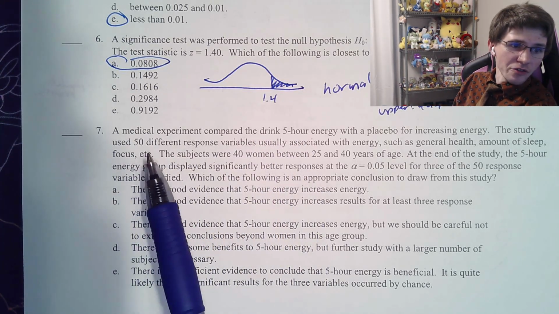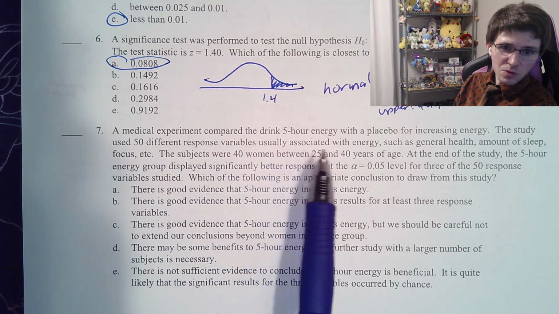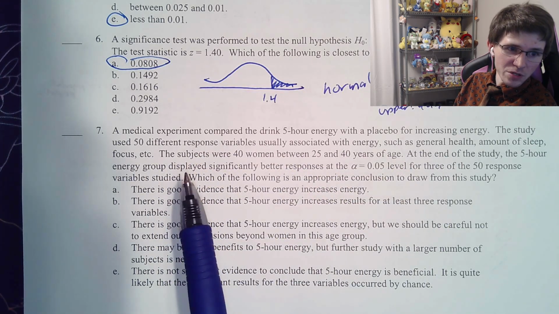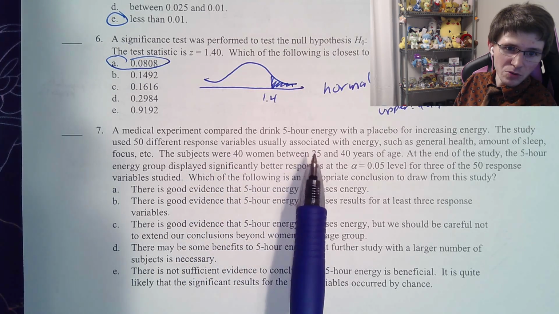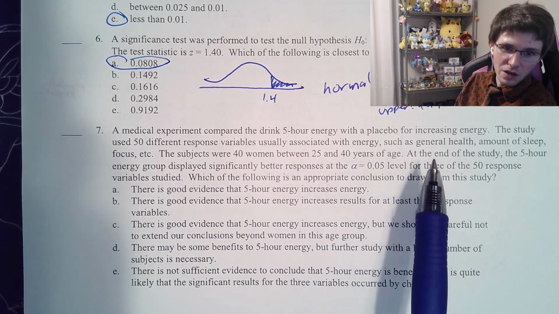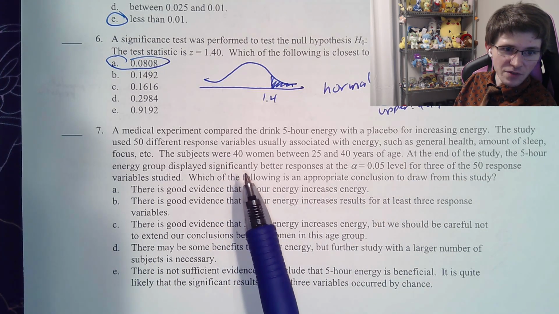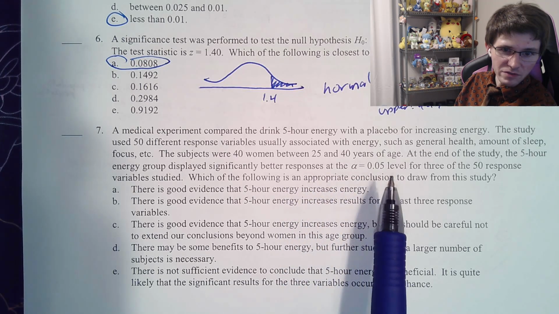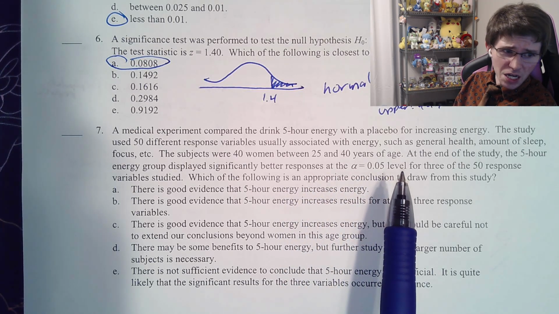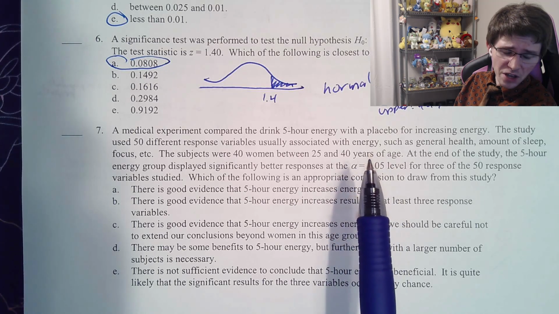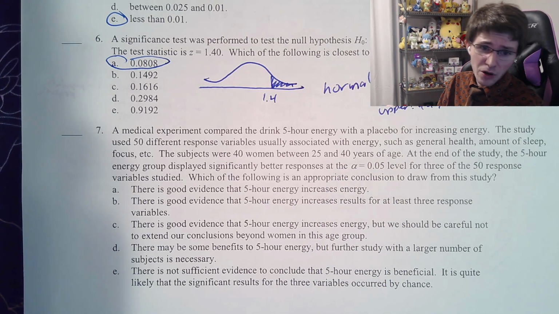All right. The study used 50 different response variables associated with the energy, such as general health, amount of sleep, focus, etc. The subjects were 40 women between 25 and 40 years of age. Close enough, right? At the end of the study, the 5-hour energy group displayed significantly better responses at the 0.05 level for 3 of the 50 response variables studied. Okay, I'm about to go on a rant right here.